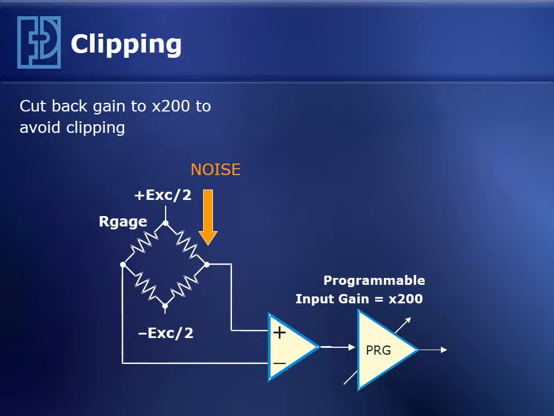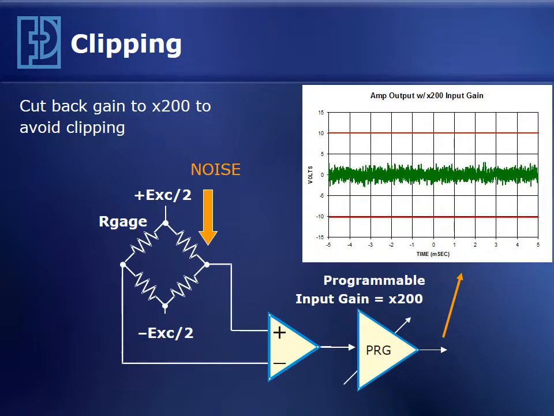So one thing we can do to avoid the clipping is to cut back on our gain. And in this example, we cut the gain back to a factor of 200, and now the signal plus noise does not hit the maximum signal swing or those red horizontal lines in the amplifier. We're good.